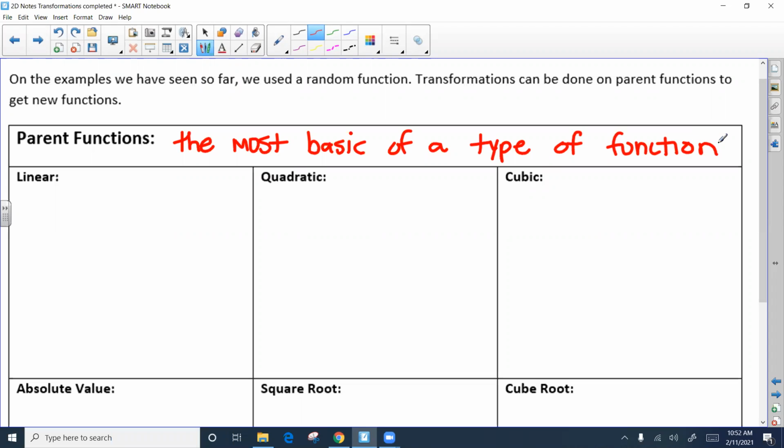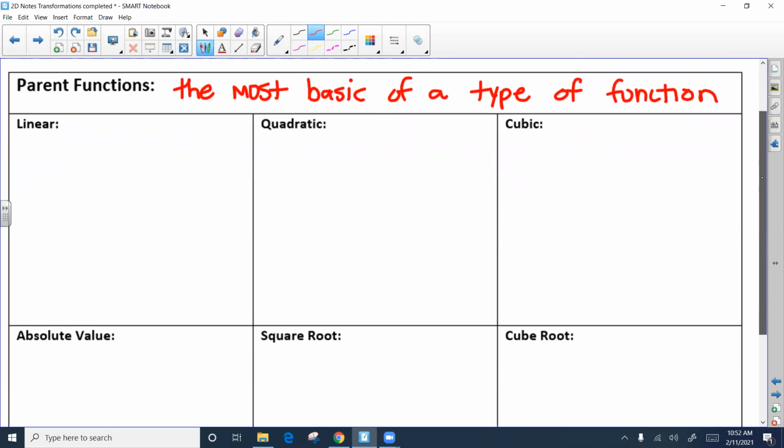Meaning that it's the most basic function that hasn't been transformed at all. So it hasn't been shifted or stretched or anything. It's just the most basic function. And we use it to get a bunch of transformed functions. So a parent function is the most basic of a type of function.